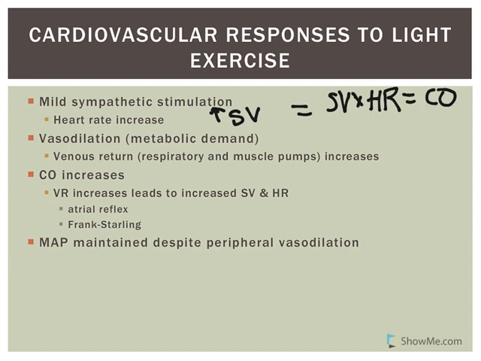That results in vasodilation, which increases blood flow back to the heart, which ultimately increases your venous return, plus the addition of your respiratory and skeletal muscle pumps increases venous return. Now, that increase in venous return will lead to increased cardiac output by way of the Frank-Starling mechanism, and also by that innate mechanism we call the atrial reflex or atrial stretch.